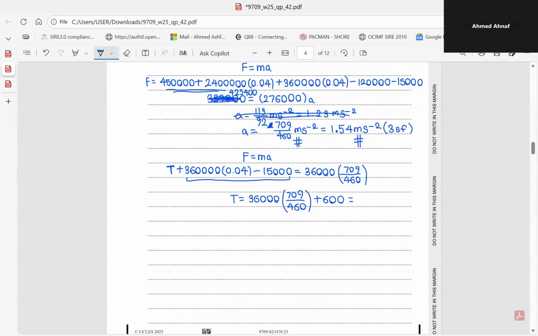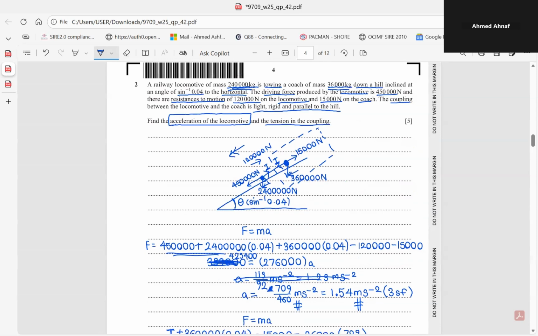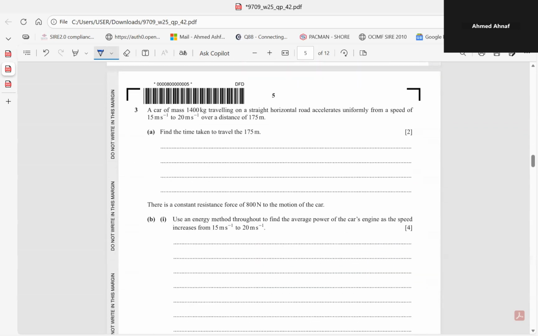And adding 600, you would get 56,100 newtons to 3SF as your final answer. So yeah, we're done with this entire question. Let's move on to the next question.